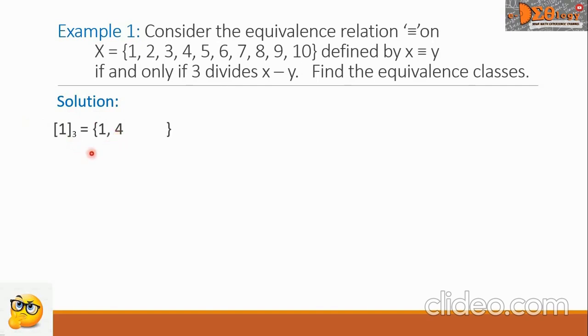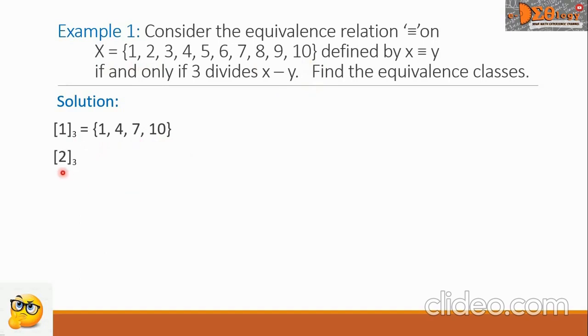Next, 4 plus 3 equals 7. 7 plus 3 is 10. If we add 10 plus 3, the sum is 13, but that is out of the range of the set. So the elements of our equivalence class 1 are 1, 4, 7, and 10.